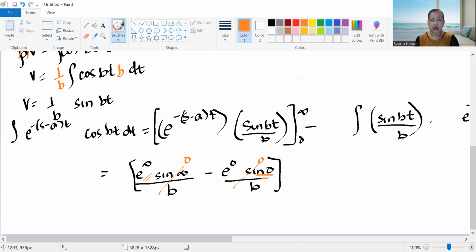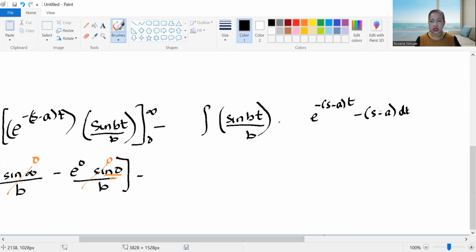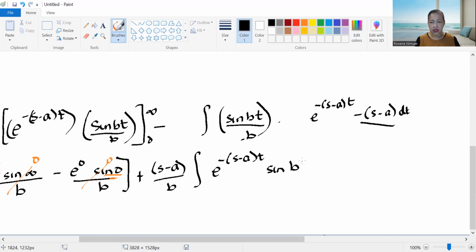What remains is minus the integral. Let us take the constant out of the integral, so it becomes positive s minus a over b, times the integral of e to the negative s minus a t sine of bt dt, from 0 to infinity.